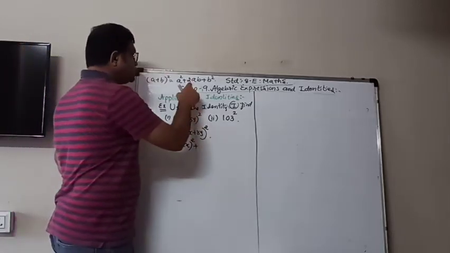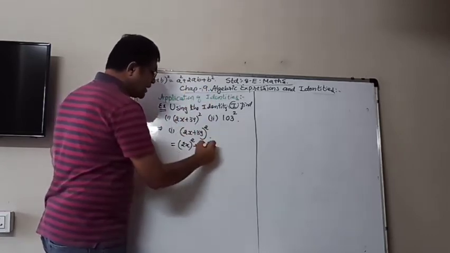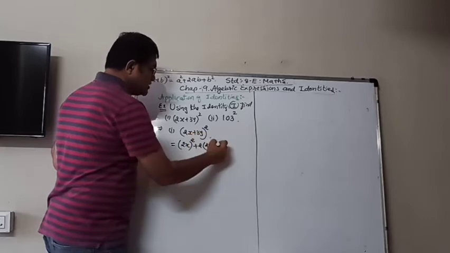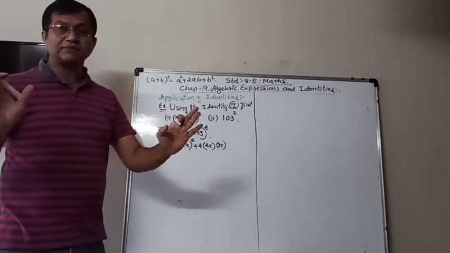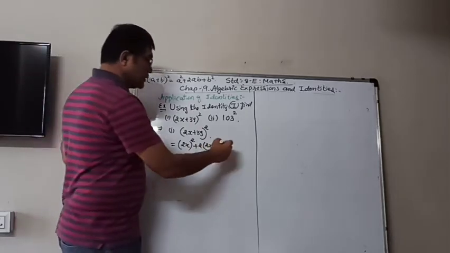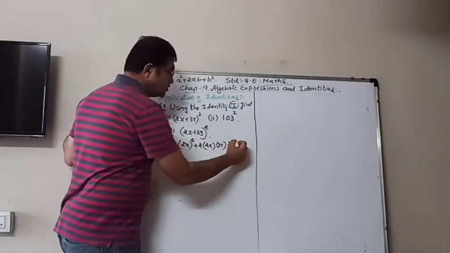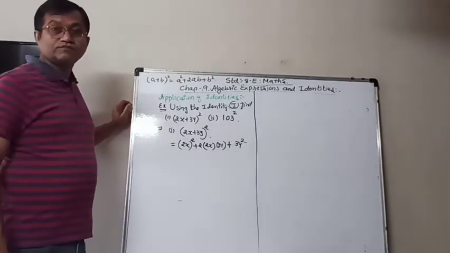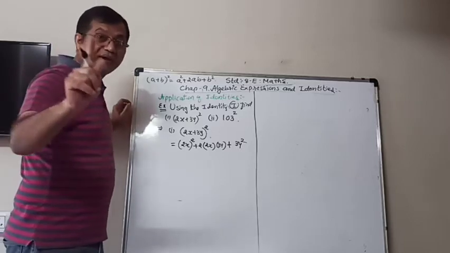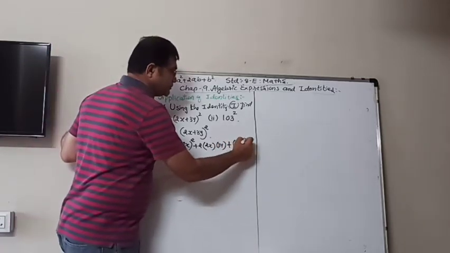Then 2ab: 2 multiplied by a, which is 2x, multiplied by b, which is 3y. Always write it in brackets. Plus b square, where b is 3y. So don't write 3y square, use brackets, always brackets.